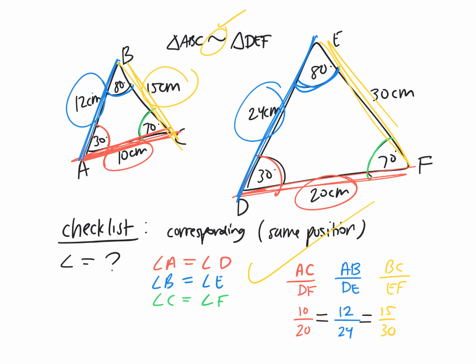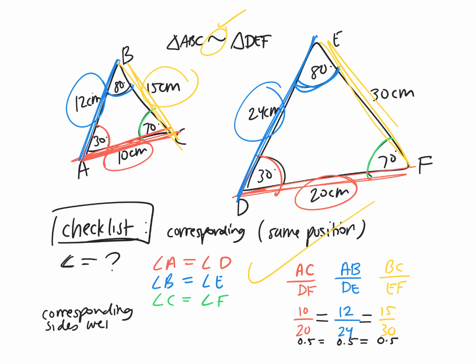What's 10 divided by 20? 0.5. What's 12 divided by 24? 0.5. What's 15 divided by 30? 0.5. So in our checklist, we had to make sure that the angles were equal and the corresponding sides were proportional. This proves that they are proportional. If all of their ratios are equal, it means that it was either increased or decreased by the same amount.